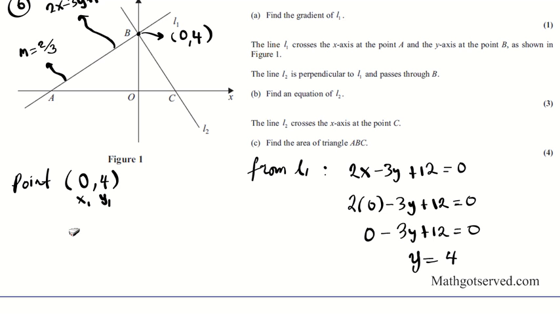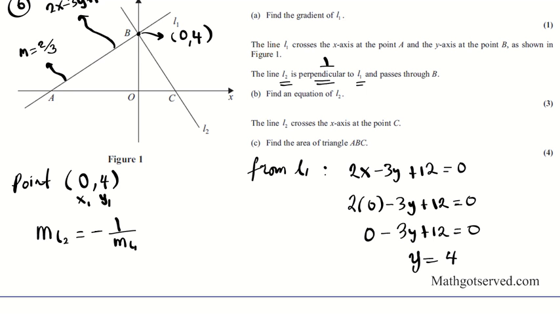If I want to find the equation of this line, I already have a point, but I need a slope. You're told here that L2 is perpendicular to L1. If L2 is perpendicular to L1, then the slope of L2 is the negative reciprocal of the slope of L1.